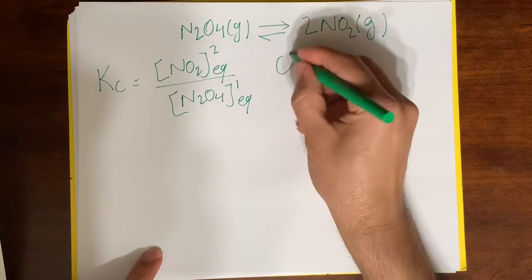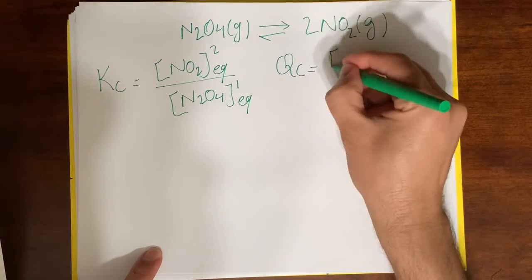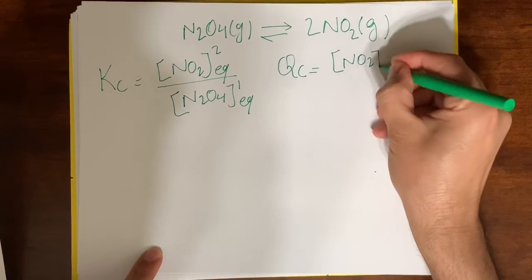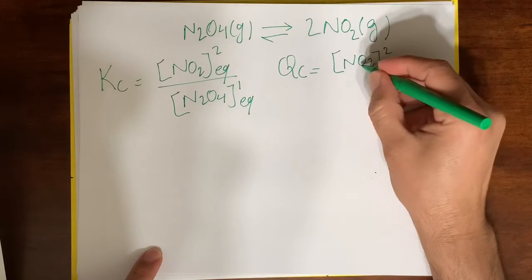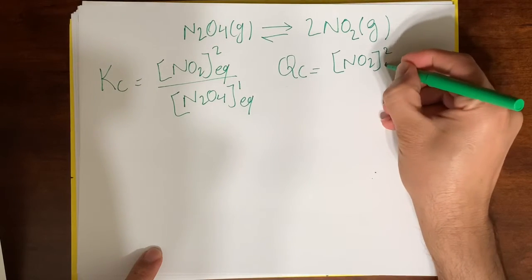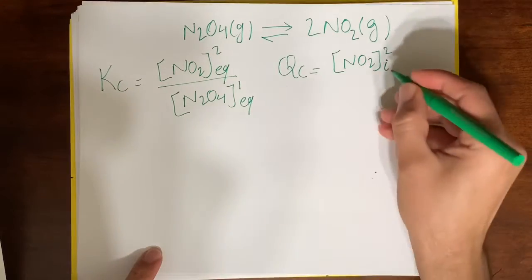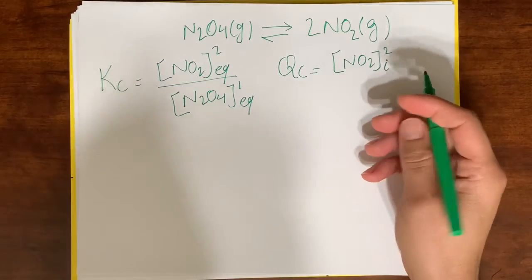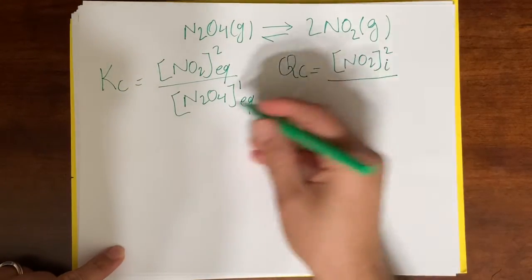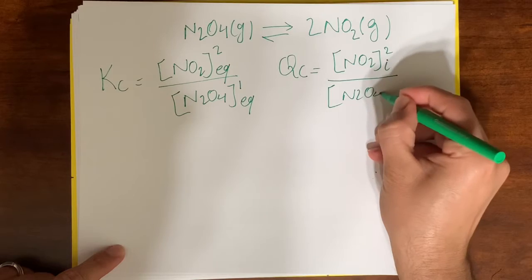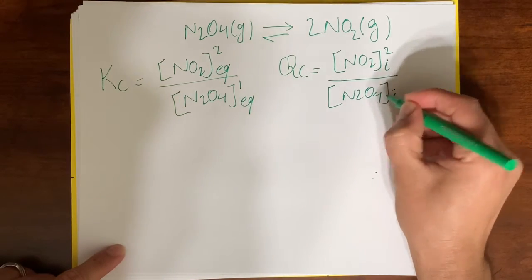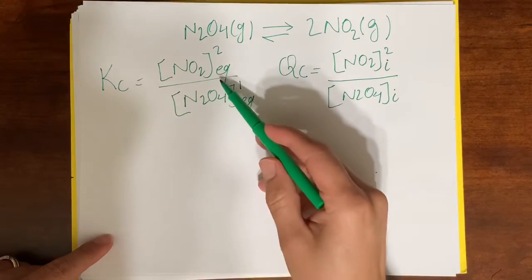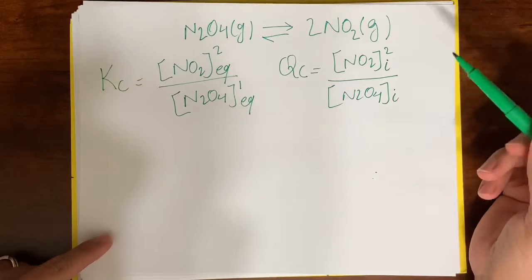Qc you write with exactly the same formula. You say NO2 is the product here, but instead of writing equilibrium condition, you say initial concentration, whatever we added to that container, beaker or flask, divided by N2O4, and again we say initial concentration. So the difference between K and Q: for K we use equilibrium concentration, for Q we use the initial concentration.